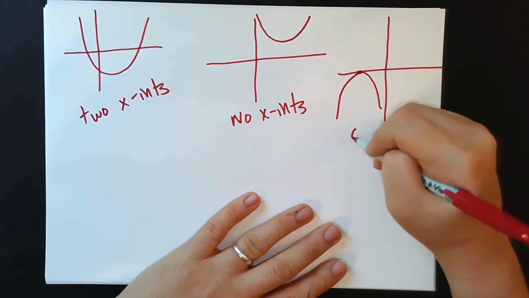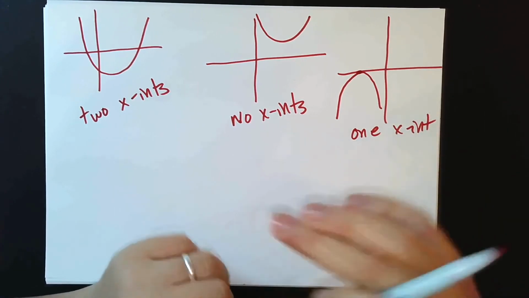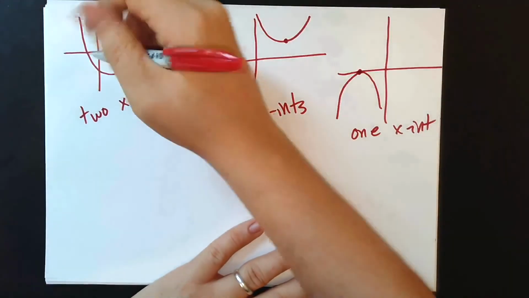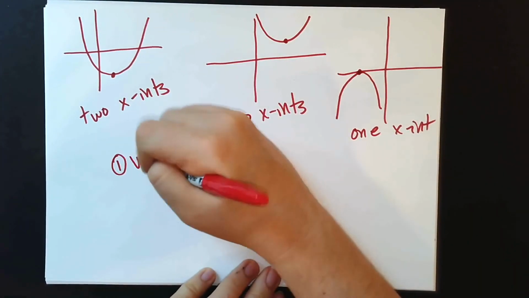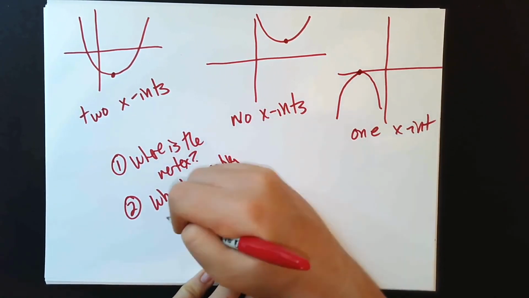And then here's a parabola with exactly one x-intercept. And again, you can decide all of these by the two pieces of information: where is the vertex, and which direction does it point?